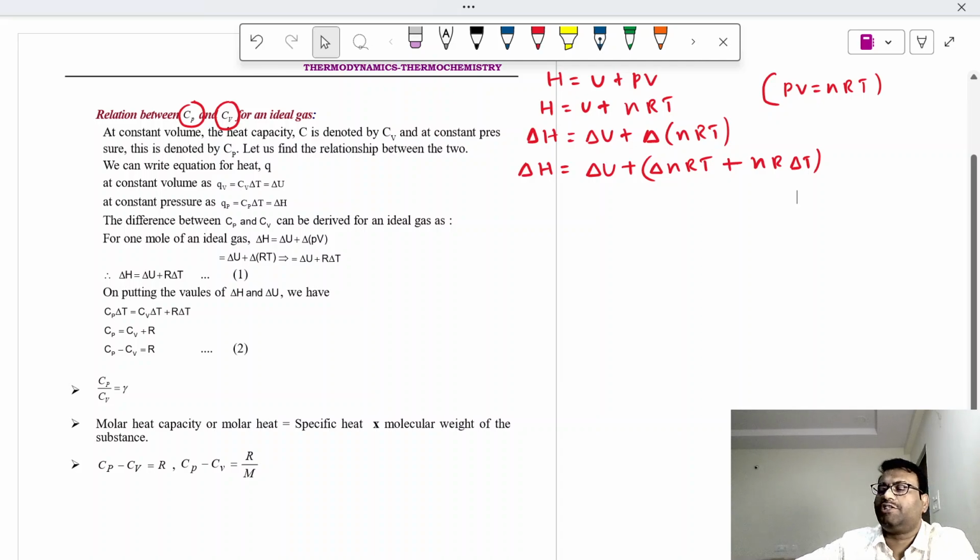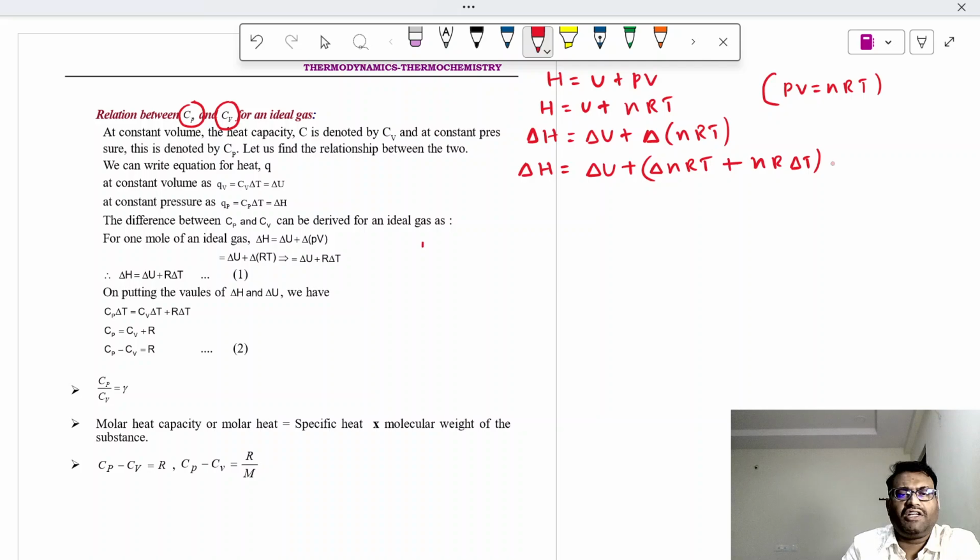And when you are doing an experiment with a specific number of moles, we are taking the number of moles constant. You are not adding or removing gas, so n is constant, and automatically delta n will become equal to 0.